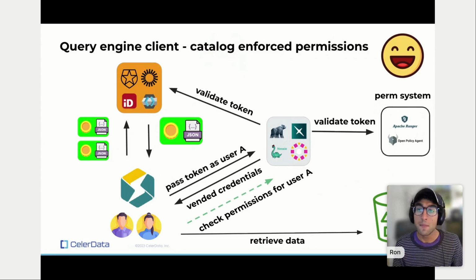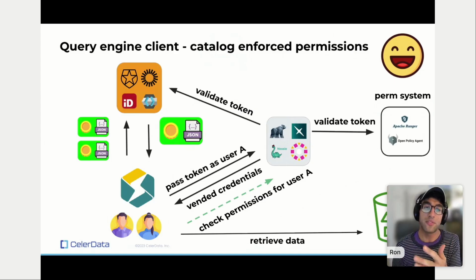Now, in this case, temporary vended credentials, and then check permissions for user A directly at the catalog level. Now, given that we're not actually checking permissions and having this query specific translation to this permission system, we're using the catalog as the governance layer and the one authority on who has permissions.